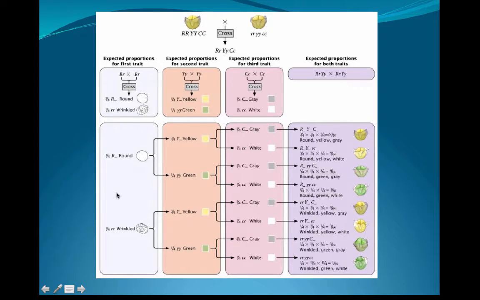Your first column is going to be the shape of the seed, the second is going to be the color of the seed, and the third column is going to be the color of the seed coat. And you just multiply straight across, and you end up with some pretty big numbers because we have three different genes in this cross.